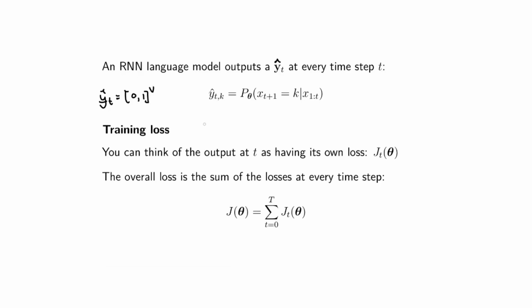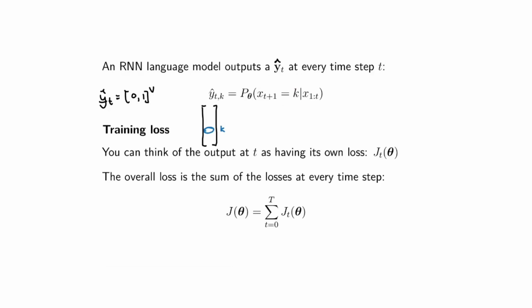You can think of the kth element in that vector, that little value, as giving me the probability of the next word belonging to the class k, based on everything that happened up to that time step. So this is really what the model outputs. It gives me a prediction of the probability of the next word given everything I've seen up to this point. Okay, cool.